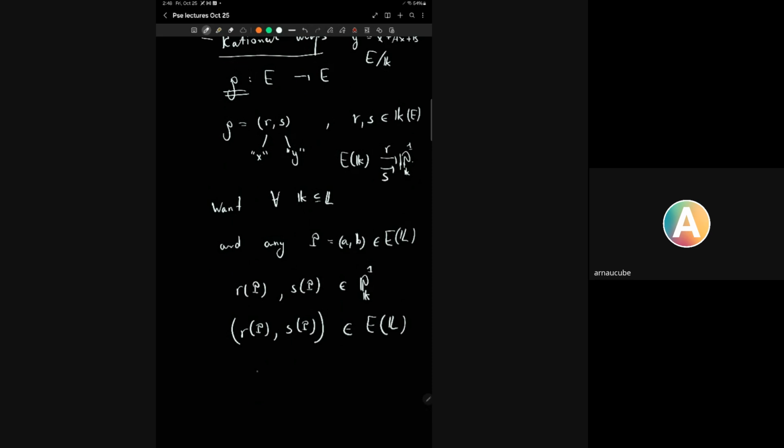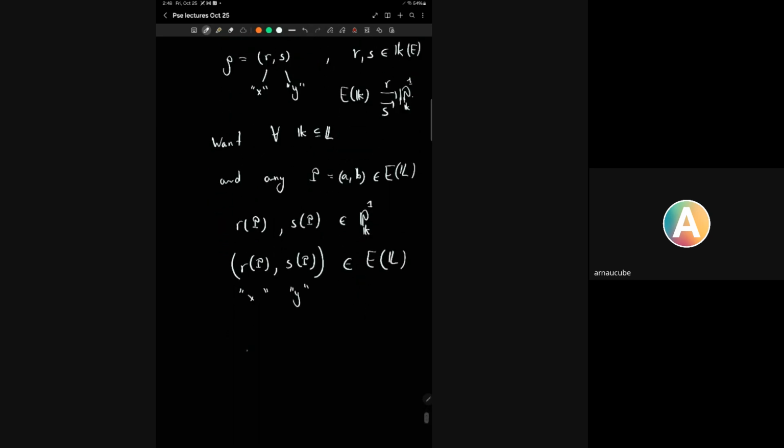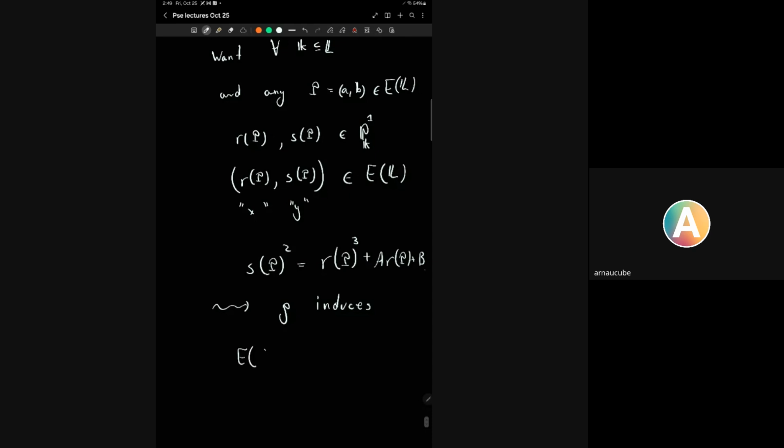It means that if I take the Y coordinate and square it, I get the same thing as if I cube the X coordinate and add A times the X coordinate and add the constant B. So I want that S(P) squared would be equal to R(P) cubed plus A R(P) plus B. Okay, and then I am guaranteed that rho induces a function from E of L to E of L for any extension L.